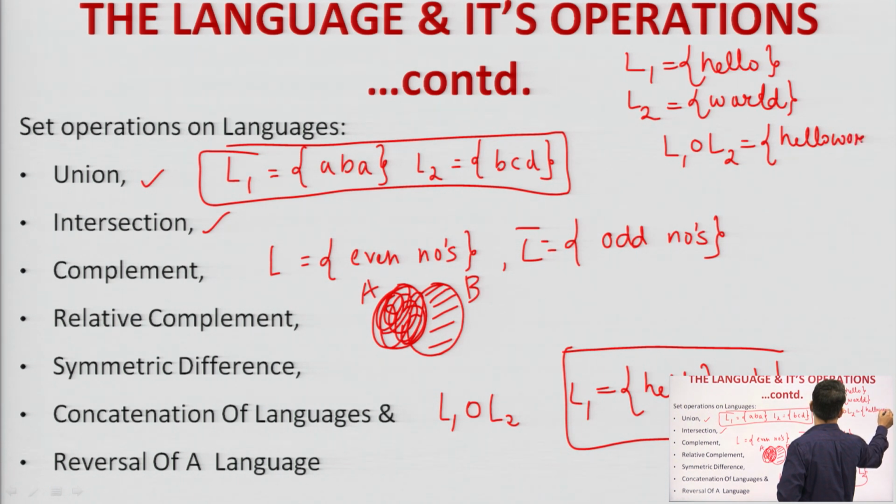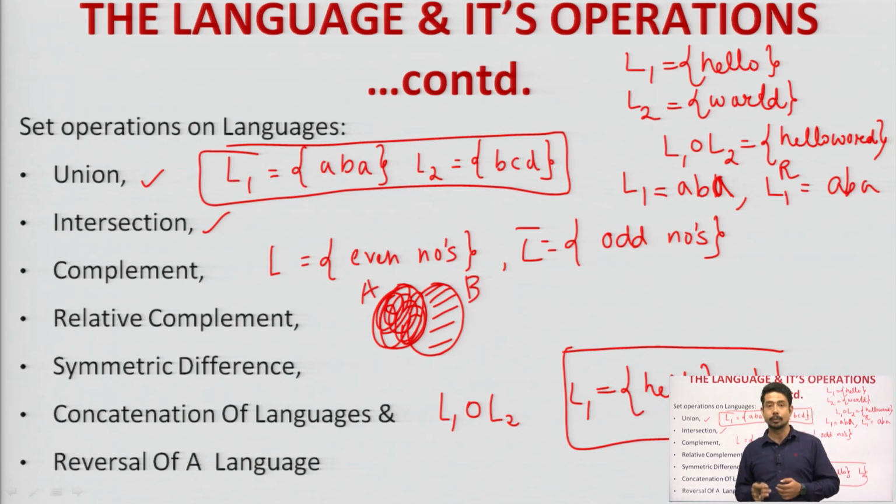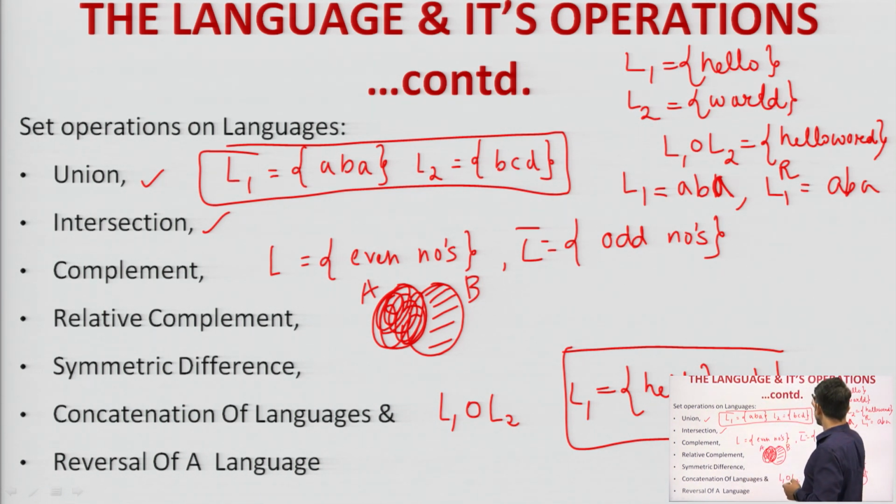You just need to concatenate the two things. Then reversal of a language. Reversal of a language means if L1 is equal to A B A, then L1 to the power R means reverse, it will be A B A only. So, it is just like the concept of a palindrome. But if I say A B C, then it will be C B A, just reverse.